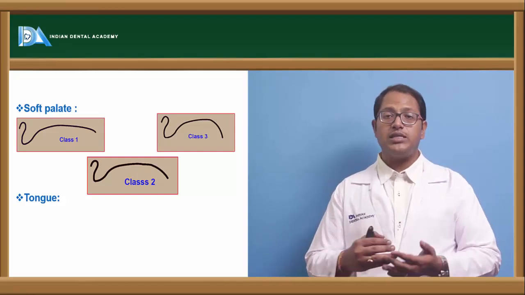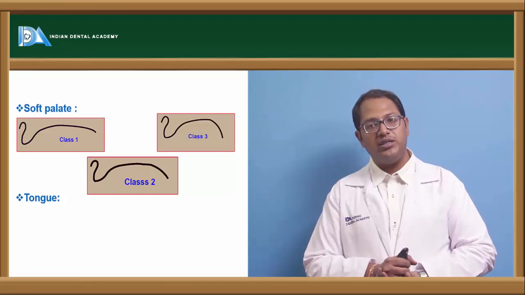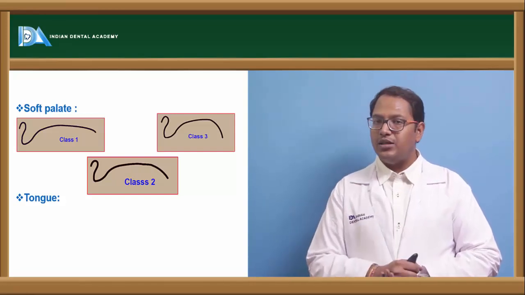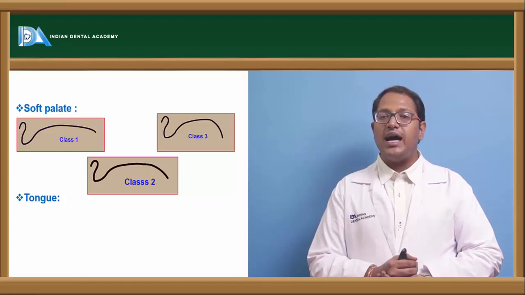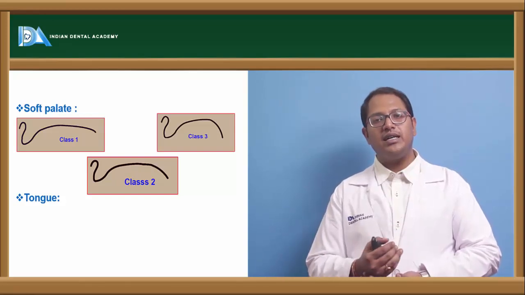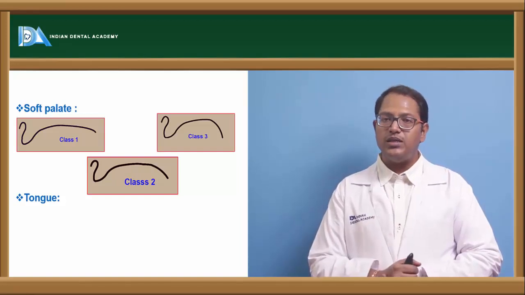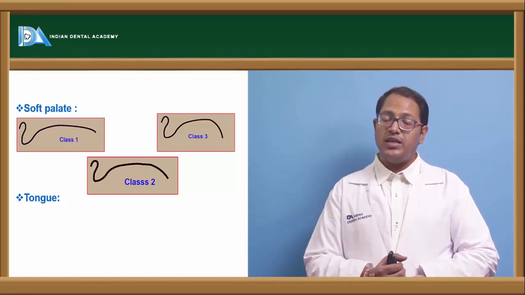If the tongue is coming over the ridge, that means the denture that we are going to give to the patient is being disturbed by the tongue all the time. If the patient has a habit of a long and narrow tongue, he will dislodge the denture anteriorly. If the patient has a retracted tongue, the denture seating will be a problem. So examination of the tongue is very important.